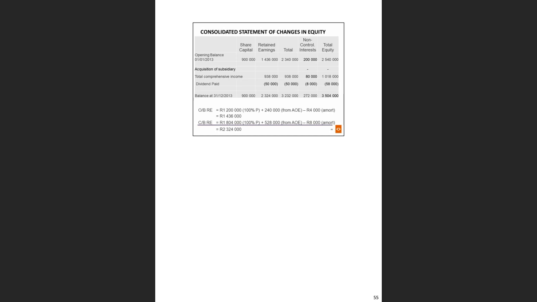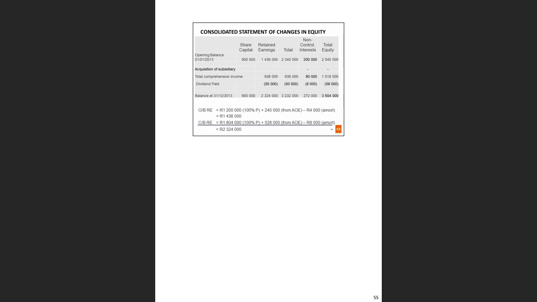So the opening balance for retained earnings, the 1,436, is the opening balance of the retained earnings which we just calculated on slide 53, plus the 240,000 from the analysis of owner's equity.